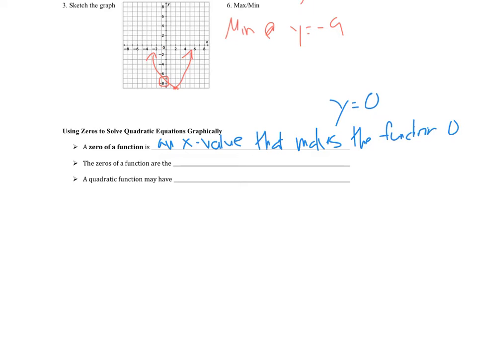So the zeros of a function are the x-intercepts of the graph. And a quadratic function may have 0, 1, or 2 zeros.